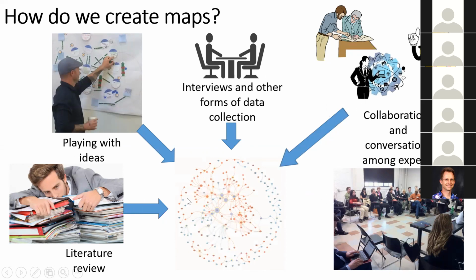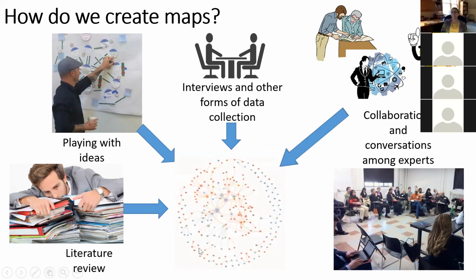All of these can combine to create a wonderfully big messy map, which is a potentially useful representation of a shared understanding. And actually, I think this map came from our analysis of presidential candidates' economic theories or economic policies or perspectives.